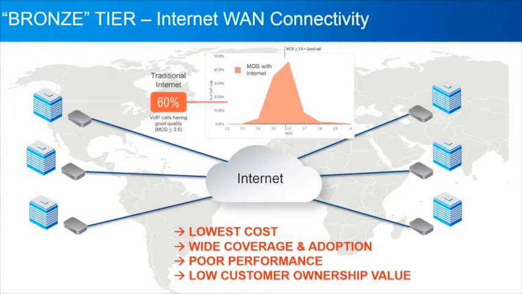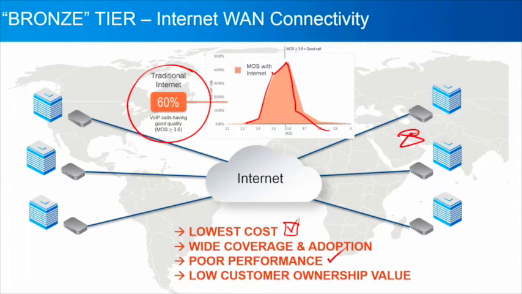Now, the other option is using basic internet. While internet has high coverage, you can get high capacity, it's a shared infrastructure, and it's going to have unpredictable performance, in some cases poor performance, but it is the lowest cost. If you look at the actual MOS scores that you can derive from a pure internet network, you'll see that only 60% of the time will you get an acceptable MOS score for VoIP services.